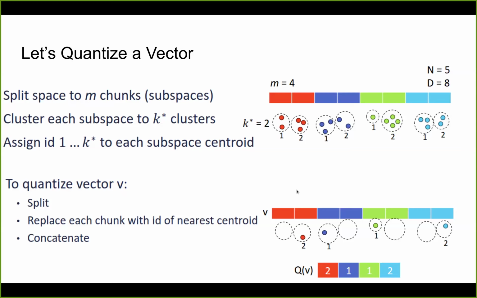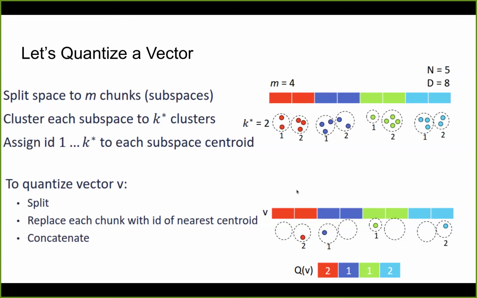Let me also clarify this. It's not exactly the clustering approach, because in the clustering approach we are still storing the actual vectors in memory. Right now, I'm talking only about quantization. So I'm assuming I'm only representing each vector by its own centroid, disregarding the actual vectors.